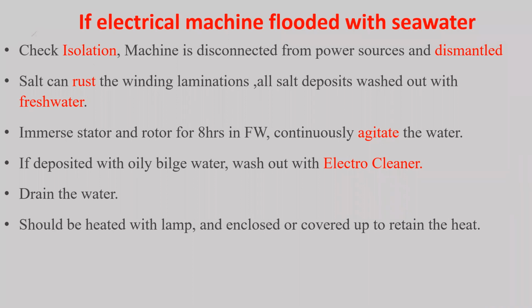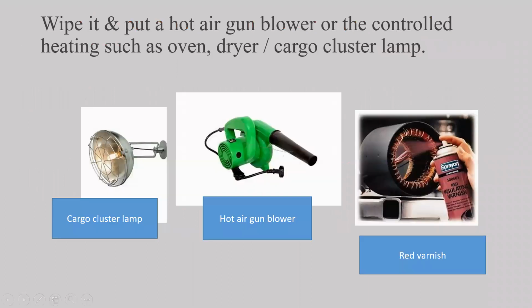Next we also have some points for electrical machines. Wipe it and use a hot air gun blower, or controlled heating such as an oven, dryer, or cargo cluster lamp. This picture is a cargo cluster lamp, and this is called a hot air gun blower.